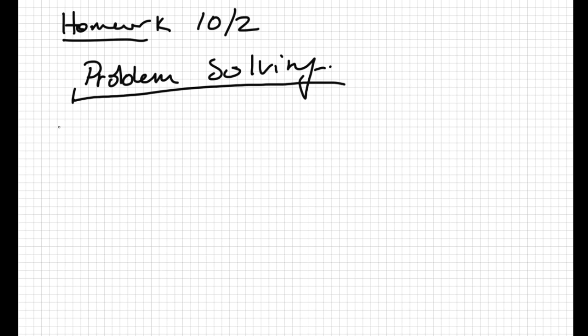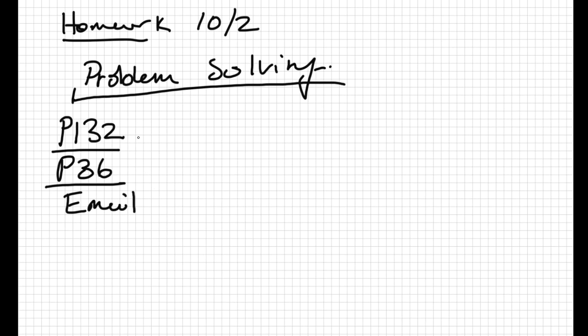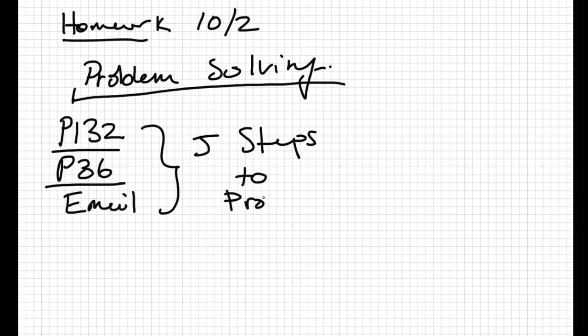So in your textbook on page 132, or if you don't have your textbook with you at home, in your homework guide on page 36, and if you don't have that, in the email that I sent, 5 steps to problem solving.